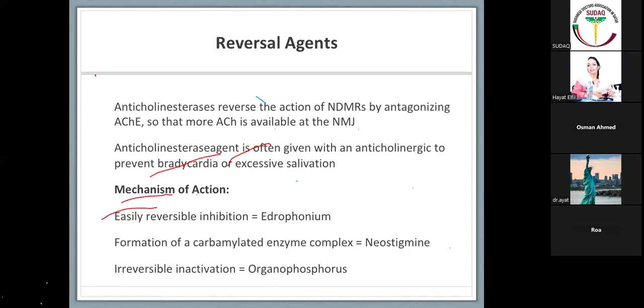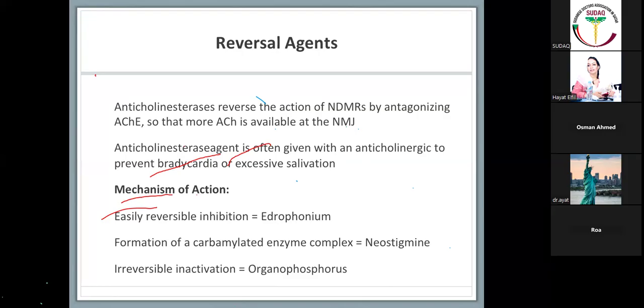Acetylcholine is metabolized by acetylcholinesterases. So in essence, we need to give anticholinesterases to increase the concentration of acetylcholine. However, anticholinesterases usually should be given with an anticholinergic agent like atropine or glycopyrrolate to prevent bradycardia and excessive salivation.